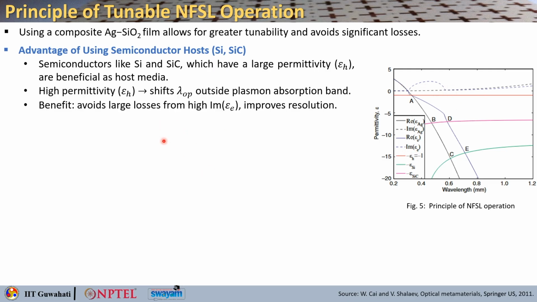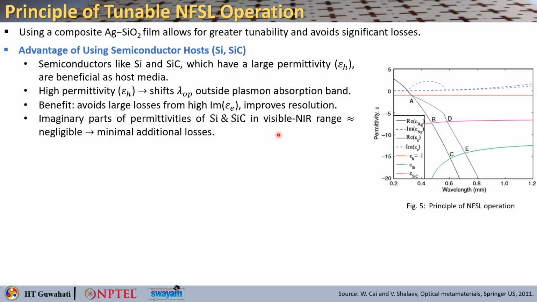What are the advantages of using a semiconductor host here, silicon or silicon carbide? They have large permittivity, so they are good host media, and large permittivity allows you to shift the operational wavelength outside the plasmon absorption band. So you can avoid large losses coming from a high imaginary permittivity, and that improves the resolution.